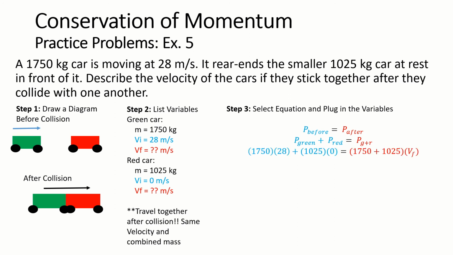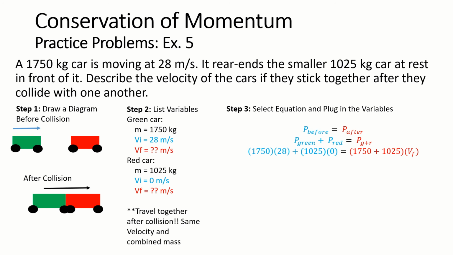And so I can describe the momentum of the green car as its mass multiplied by its velocity. I could describe the momentum of the red car before they collide as its mass multiplied by its velocity of 0. No point in doing that, but I put it there as a placeholder so you know I didn't just ignore it. It happens to be 0. And then the combined masses, because they stuck together afterwards, are traveling at one combined speed.